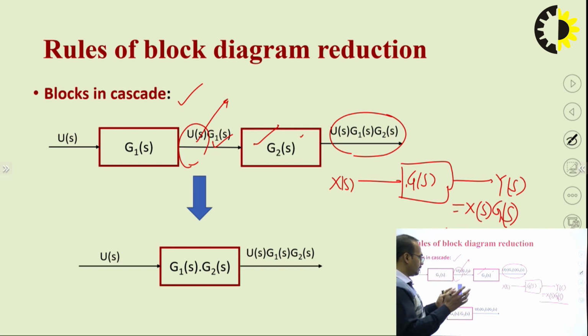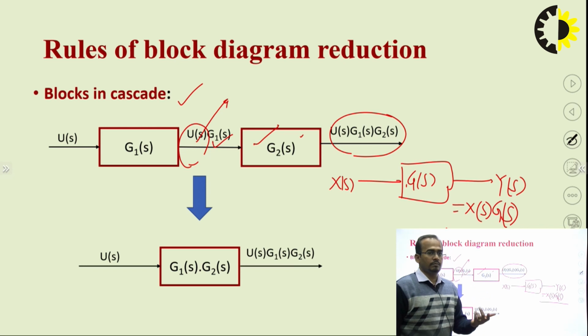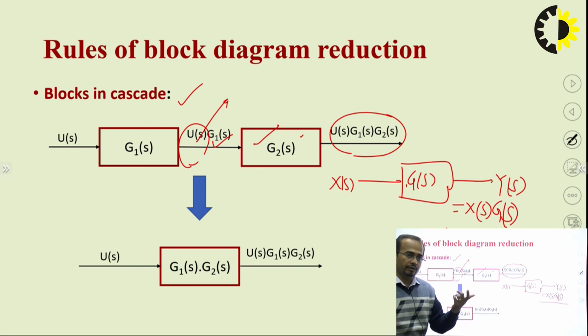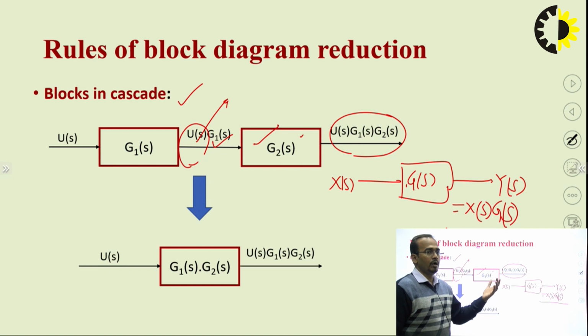So we can combine the output. If these two systems are connected in series, then the multiplication of the gains of the individual systems will give the combined gain of the cascaded blocks.